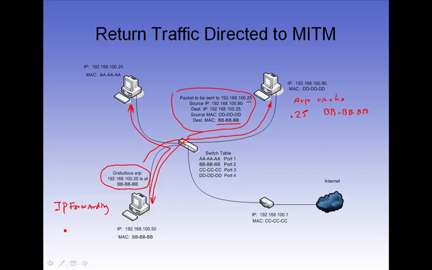And again, while it's down here, we have a sniffer, etc. So in this case, by sending out gratuitous ARPs to both ends of the conversation, we can actually direct traffic in both directions through our machine, or the attacker can do this.